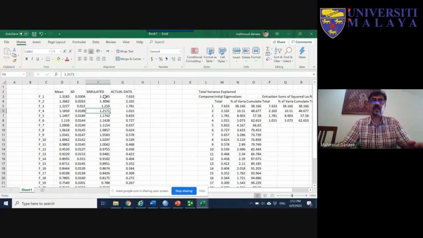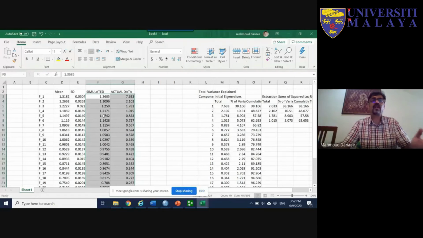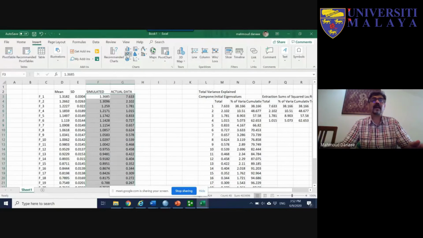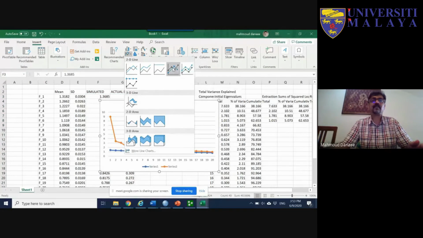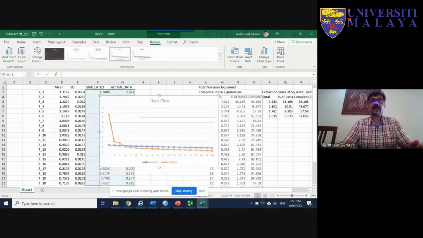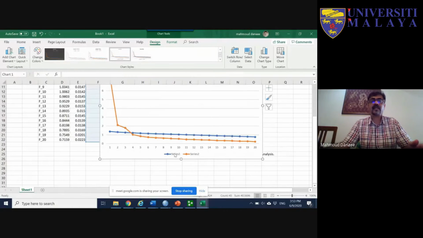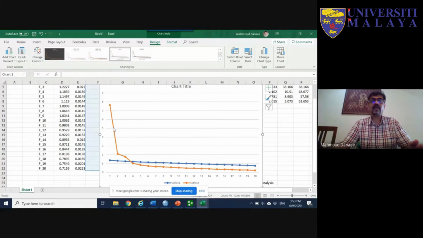Another way to show this is to visualize the parallel analysis. If you select this and go to line and draw the line, as you can see here, the blue line is the simulated data and the brown line is the actual data.